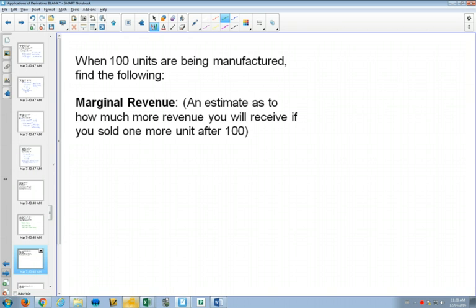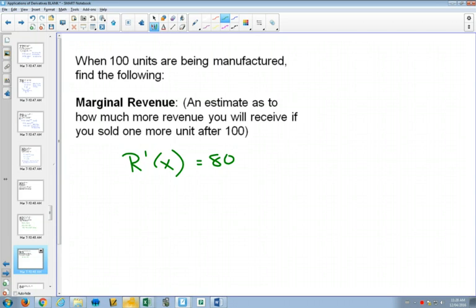So even if you've sold 100 of them, you sell one more, how much more revenue are you going to bring in? Another $80. As far as the calculus goes, if we find the derivative of our revenue function, which was 80x, the derivative is just 80, which makes sense, because every time you sell another one, you get another $80 to come in.